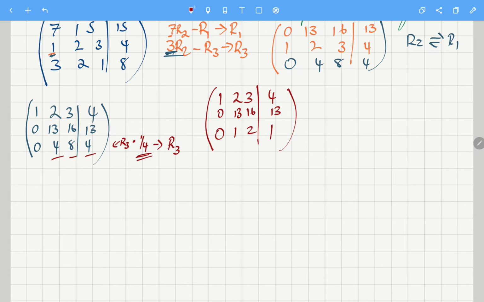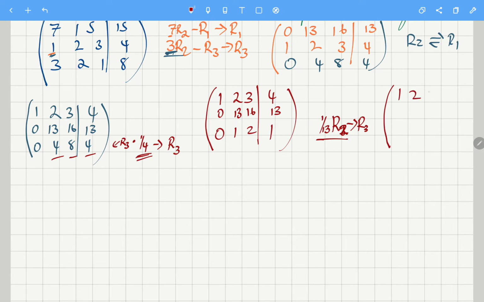Okay, right. And then what I'm going to do now is multiply 1 over 13 times row 2, and that becomes my row 3.